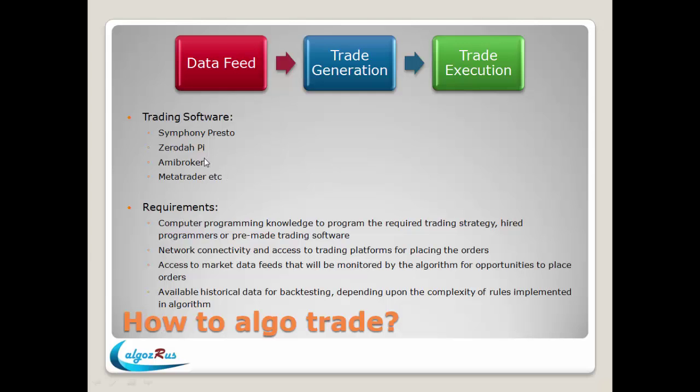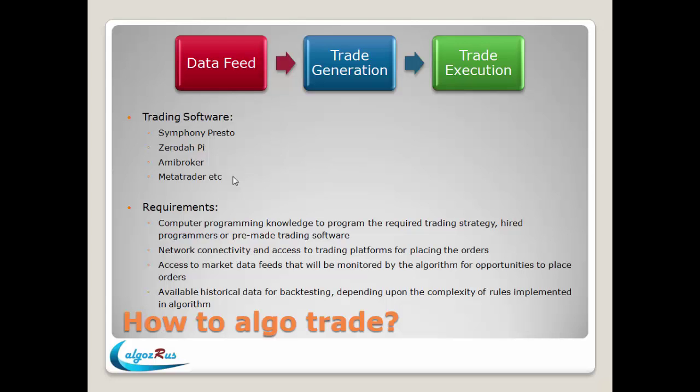I've been using AmiBroker to generate the trades for my personal algo trading strategy. What are the requirements? Well, basically, you require a computer, you require some trading knowledge, which I would be giving, and hopefully that would be sufficient. Internet connectivity. Access to market data, not really at the moment.